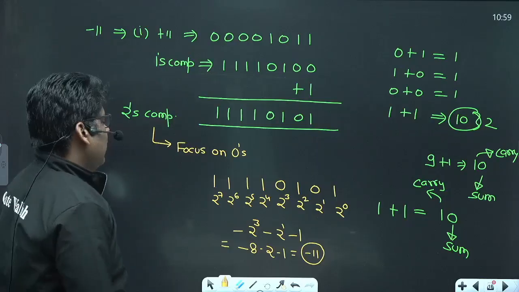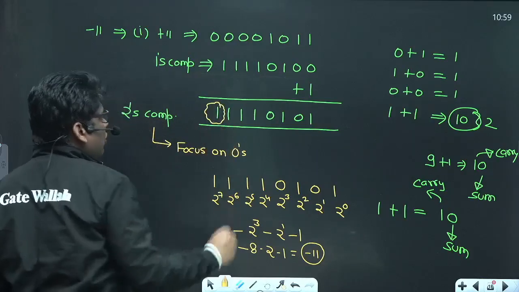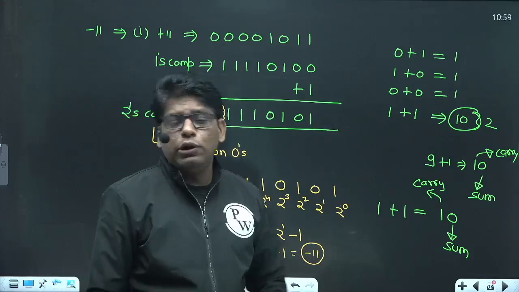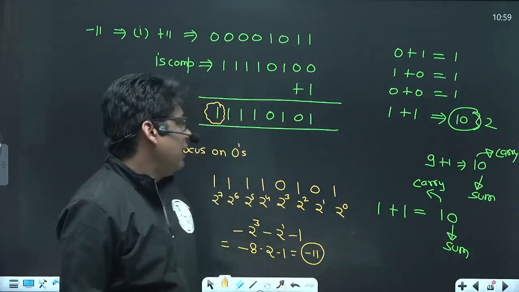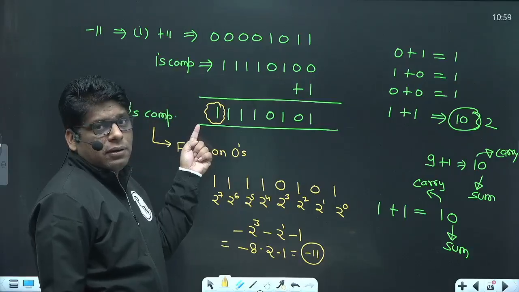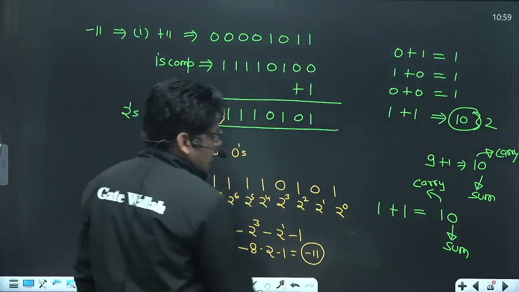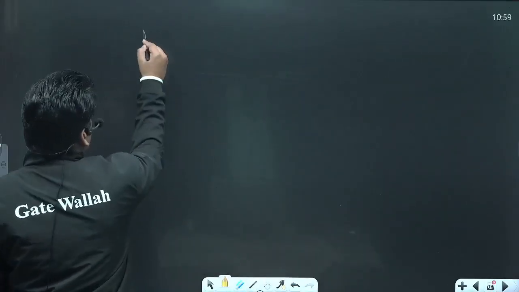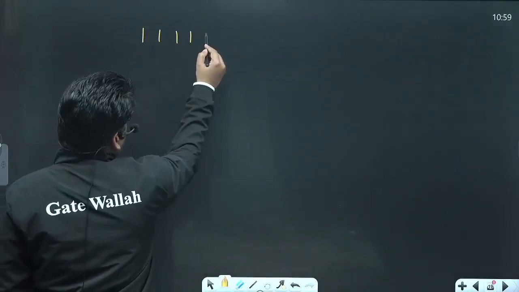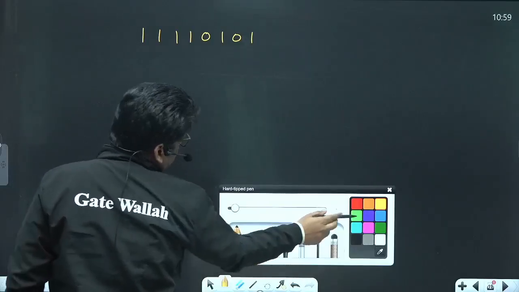Sir, the computer again only checks this bit. Although there is no sign bit, by only looking at this number, the computer judges the sign of the number. That means if I show any number to the computer, how does the computer evaluate?